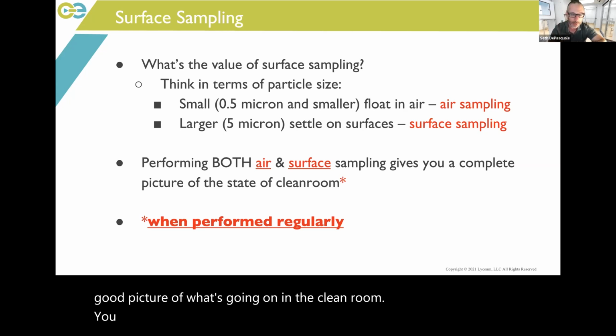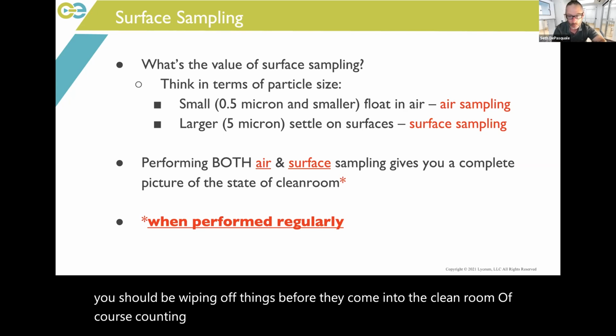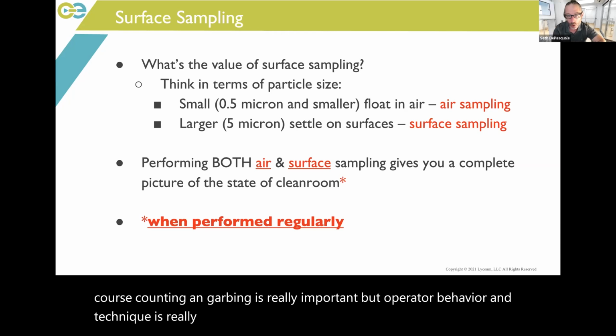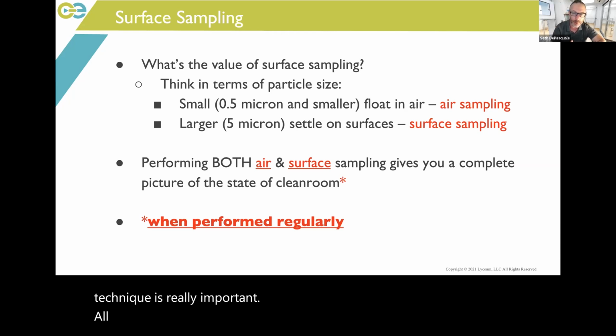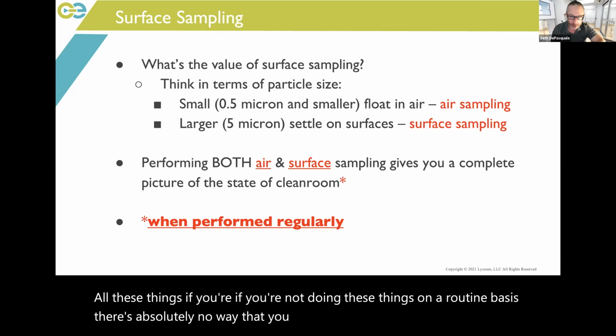Again, depending on what your policies and procedures are, you should be wiping off things before they come into the clean room. Of course, gowning and garbing is really important. Operator behavior and technique is really important. If you're not doing these things on a routine basis, there's absolutely no way that you can have a good picture of the state of your clean room.